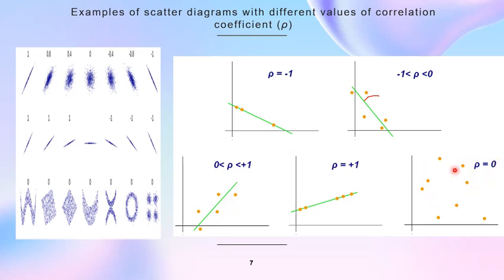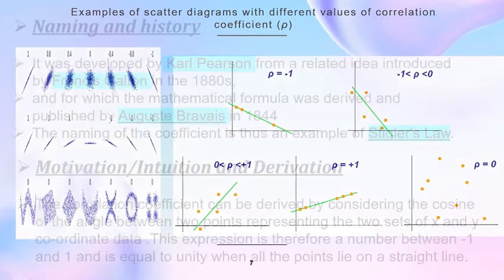Where p is equal to 0, we can't get a significant line for the scatter data. And same is the case here. Here we can observe settings between 1 and -1 for a scatter plot, and here is the zero case. All of these are basically different correlation coefficient values.